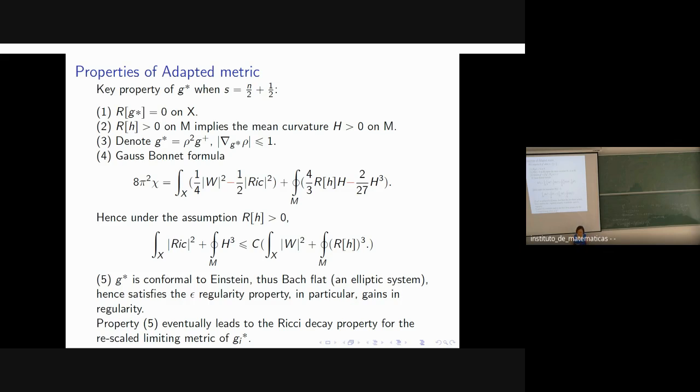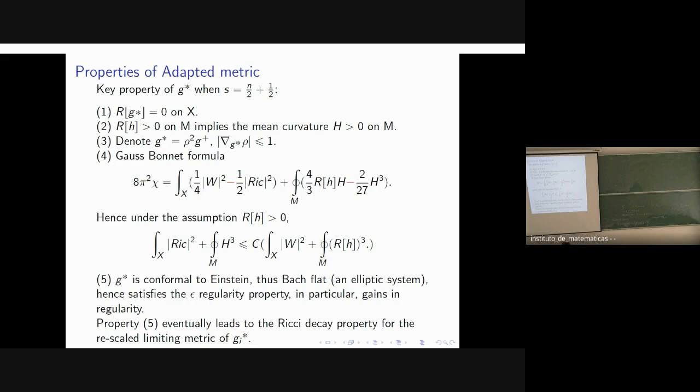If the data is C alpha, then the metric is in C2 alpha. And later on, we want to gain a little bit. We're saying that if the metric has curvature equal to 1 at a point, then in a neighborhood of that it is close to 1 in a better topology. So property 5 eventually leads to a decay property for the rescaled metric, which I'm going to explain now.